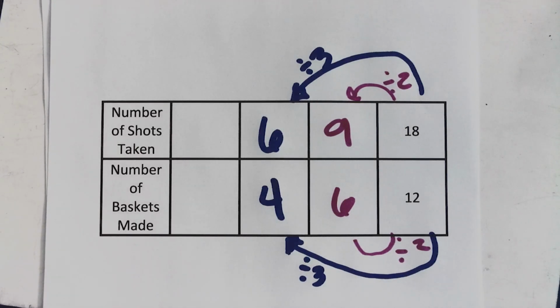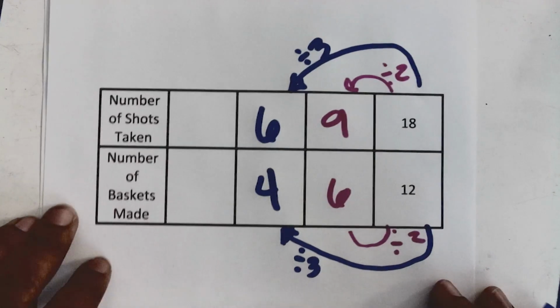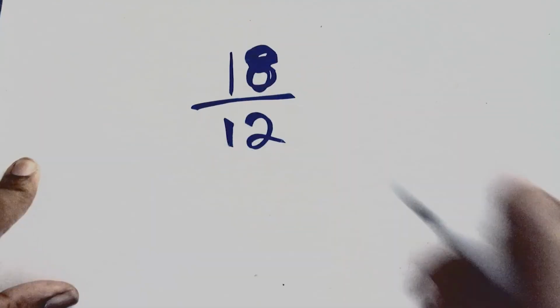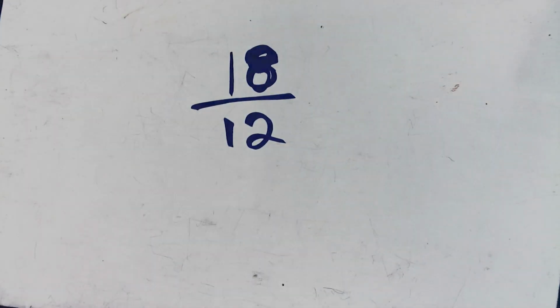So we can also use division to find this answer. If we start off with, let me get to my whiteboard, 18 to 12, by what number do we need to divide 18 to get 6?